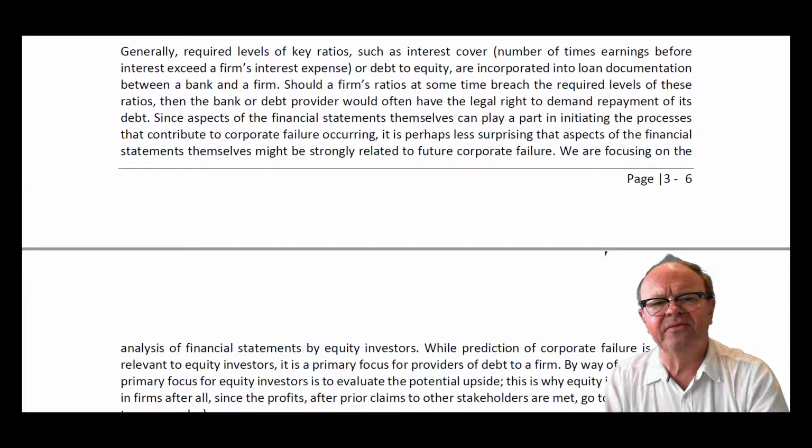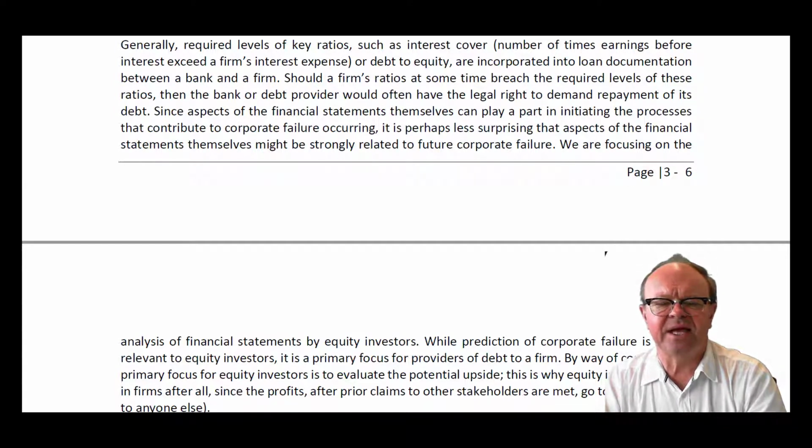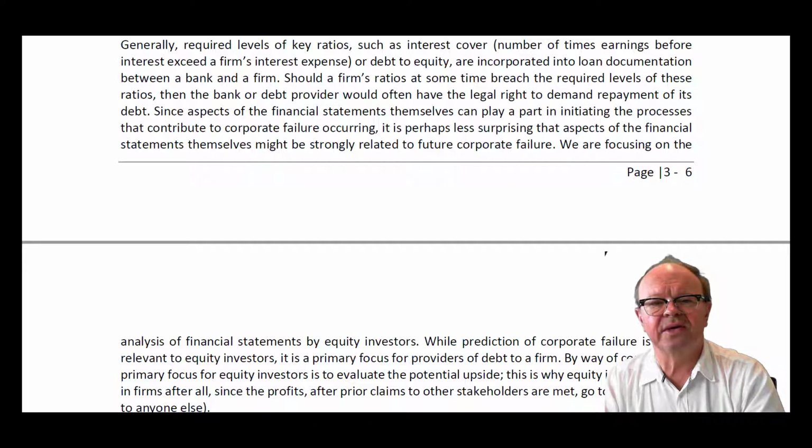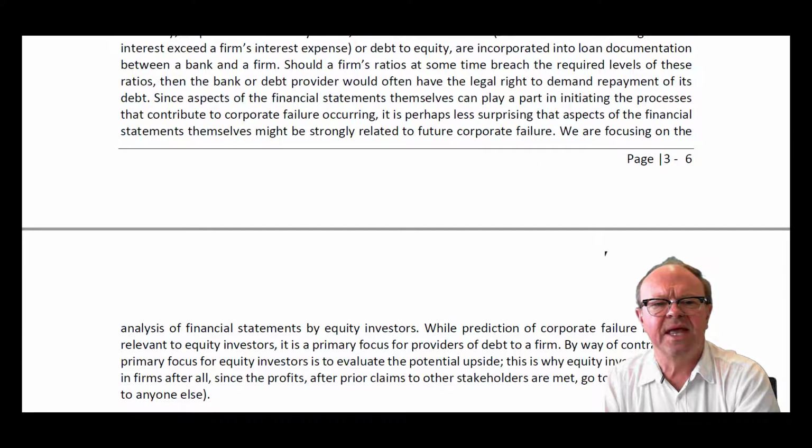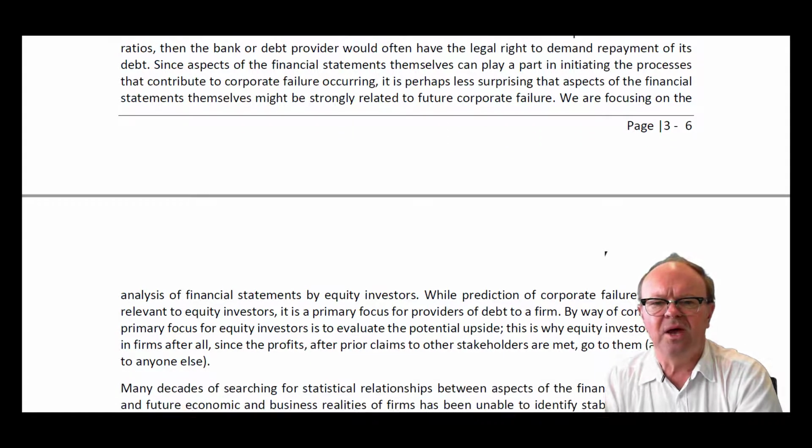Generally, required levels of key ratios such as interest cover, the number of times earnings before interest exceeded a firm's interest expense, or debt to equity are incorporated into loan documentation between a bank and a firm. Should a firm's ratios at some time reach the required levels of these ratios, then the bank or debt provider would often have the legal right to demand repayment of its debt.